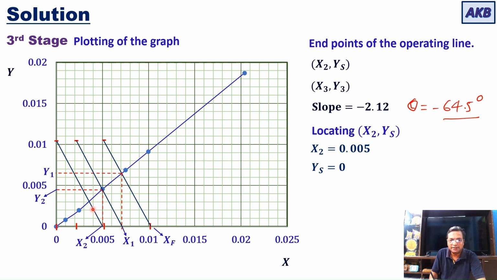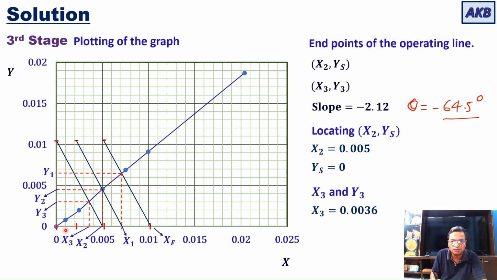And now let us look at the intersection of this operating line with the equilibrium curve, because the coordinates of this intersection point are nothing but x3 and y3. So the x coordinate is over here, it is x3, and the y coordinate is over here, it is y3. Let us write those values. x3 is over here, which is nothing but 0.0036.